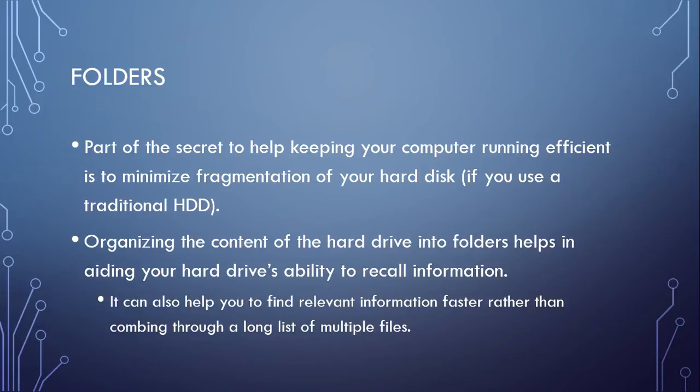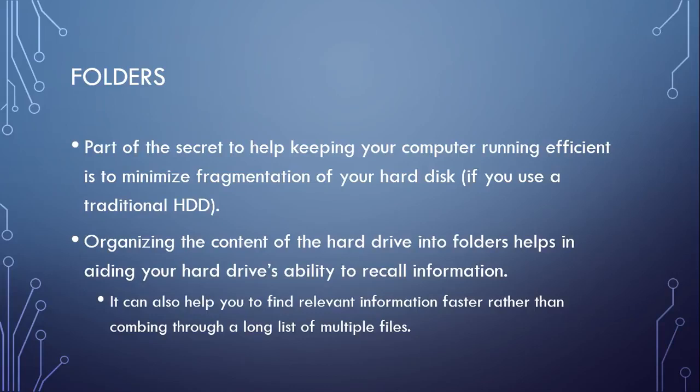Now, this can also help you, the user, to find relevant information faster rather than combing through a long list of files. So let's say in your documents folder, you just save everything to your documents folder, and now you have 200 documents in there. Well, to comb through 200 documents to find the one that I need would be a bit of a pain.